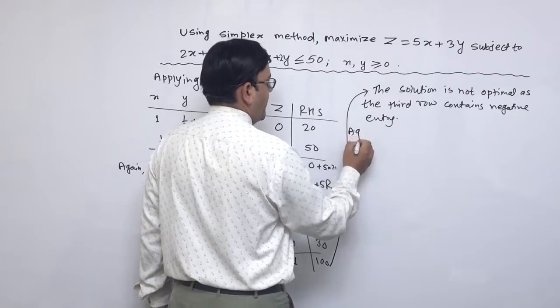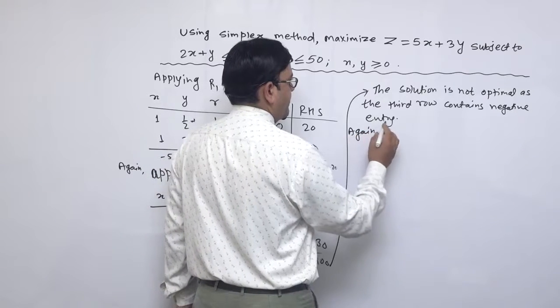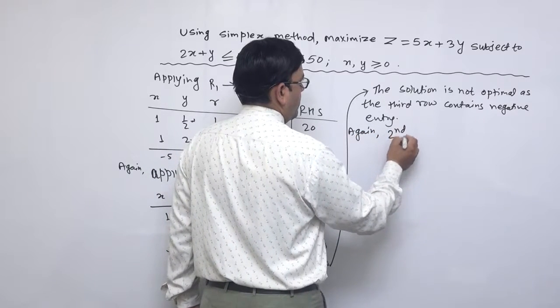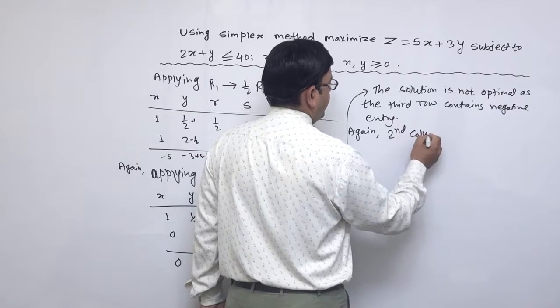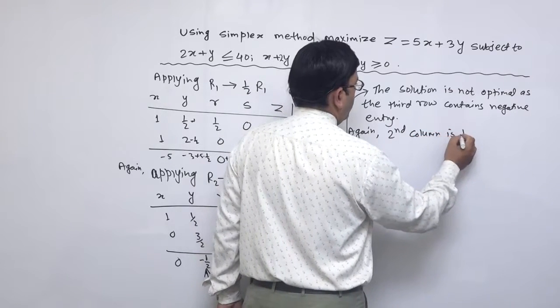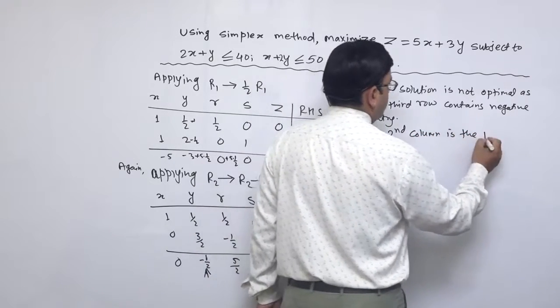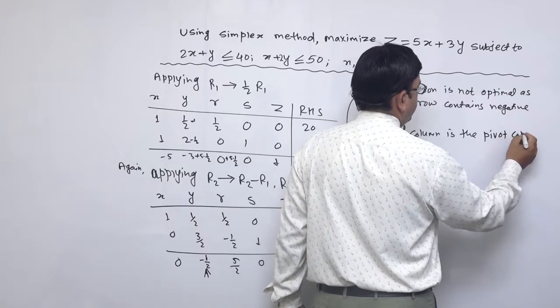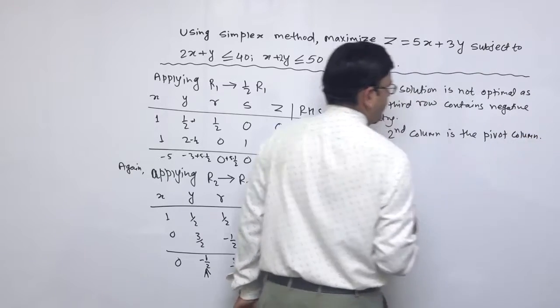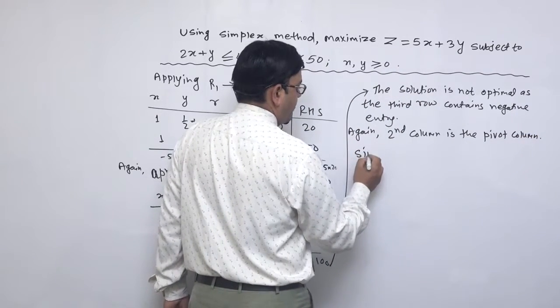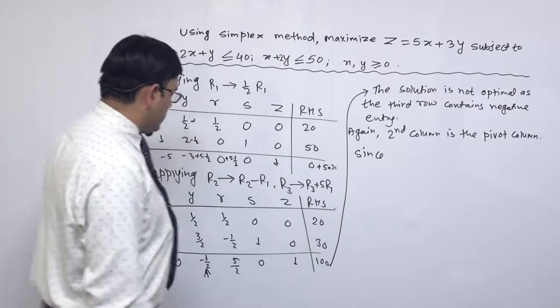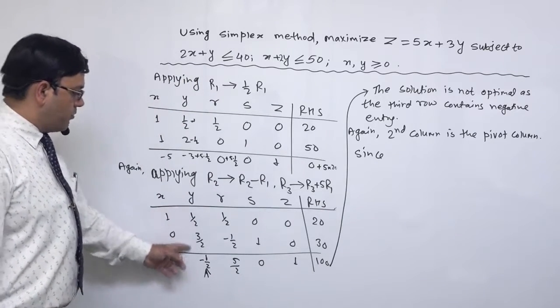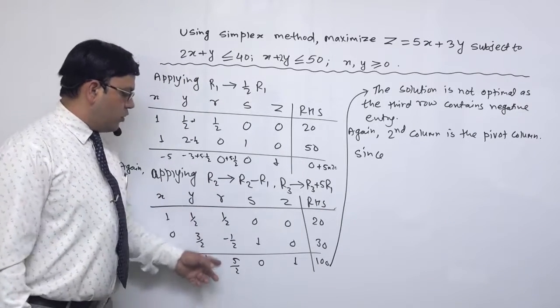Again second column is the pivot column. Since, हेर्नुस् त यो सेकेन्ड कलम हाम्रो पिभट कलम भयो. यसमा अब पिभट एलिमेन्ट कुन हो भनेर हामीले फाइन्ड आउट गर्नु छ.